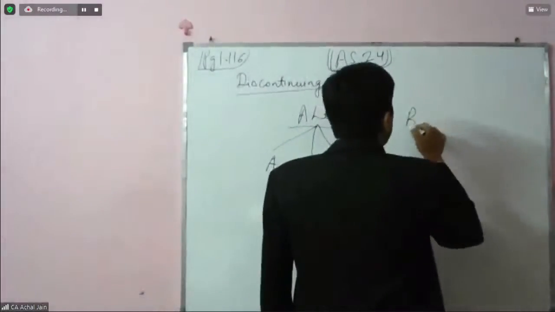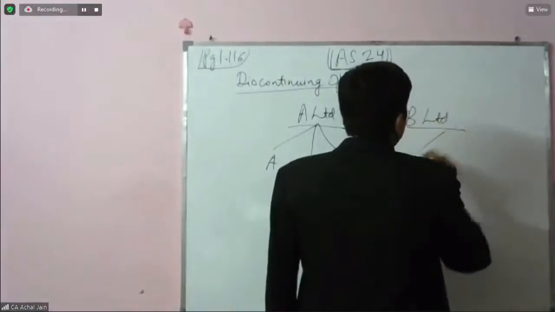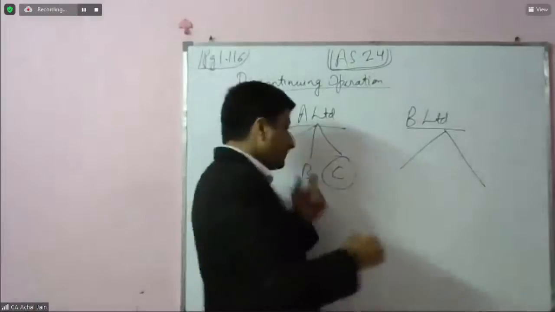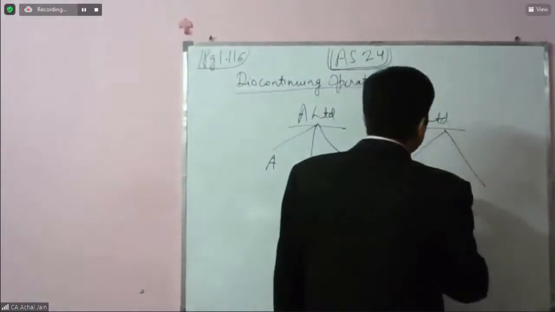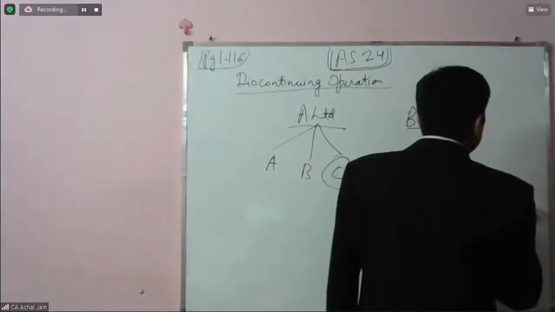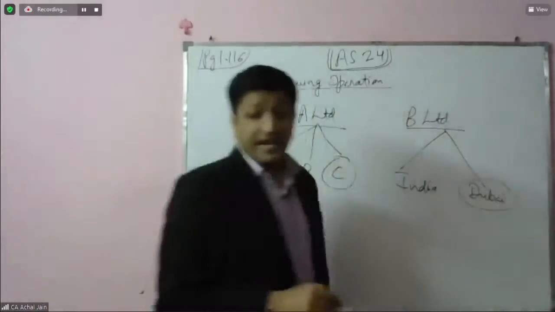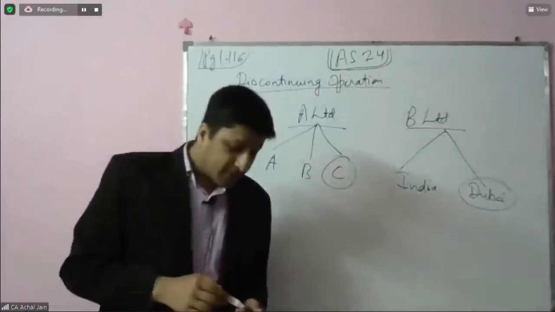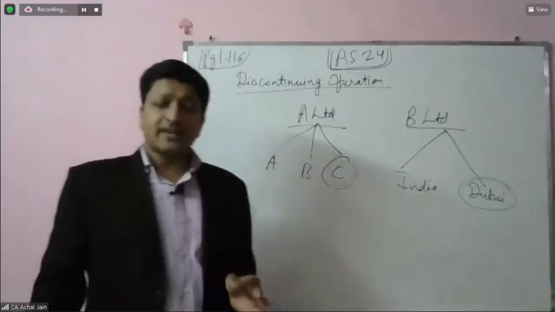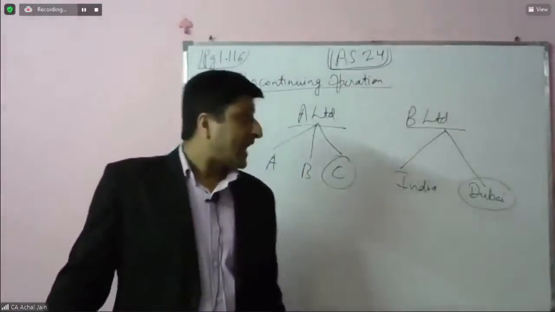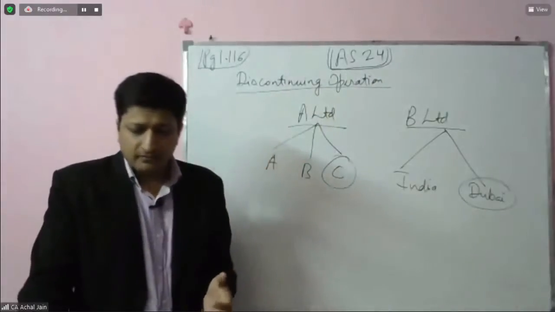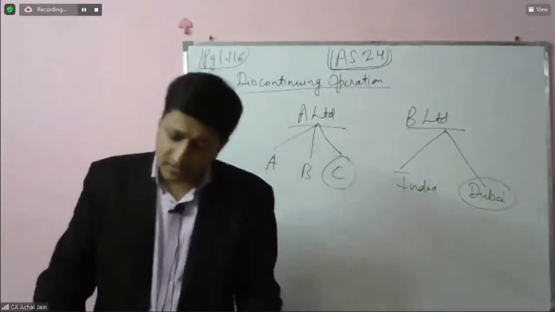Let's suppose another entity, B Limited, is carrying out operations at two places, India and, let's suppose, Dubai. Now they are planning to do away with the operations outside India. There again, the line of business should be a significant one for that to be considered under this standard.